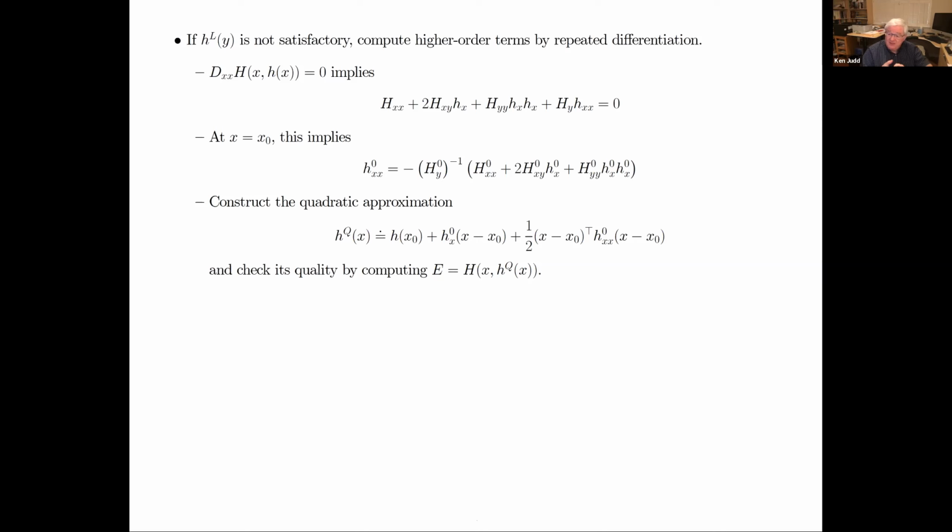But once you have that invertible for the linear approximation, that same solvability condition gets you through all the other higher order derivatives, assuming that the derivatives of big H of high order exist. So that's the key thing to remember.